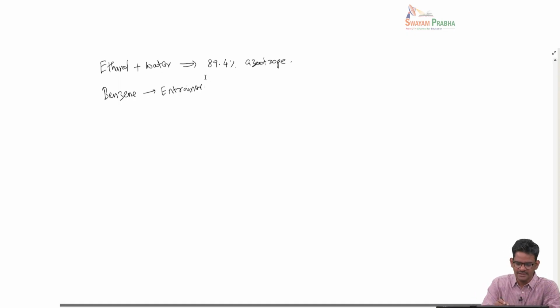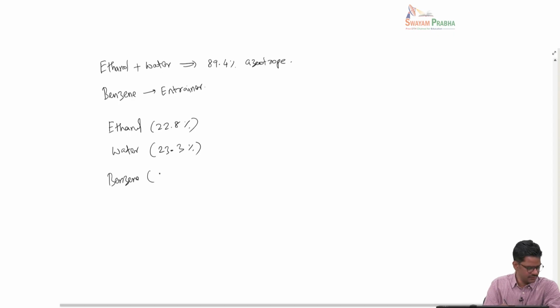So once you add the benzene, you have ethanol, I think at about 22.8%, water 23.3%, and benzene 53.9%.